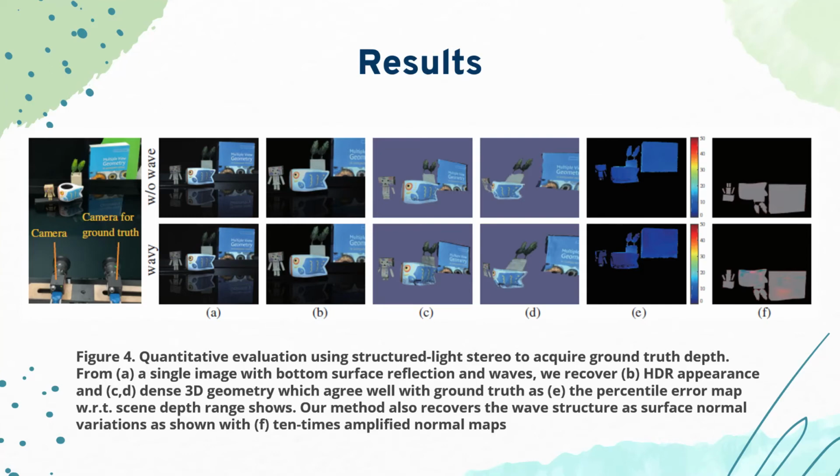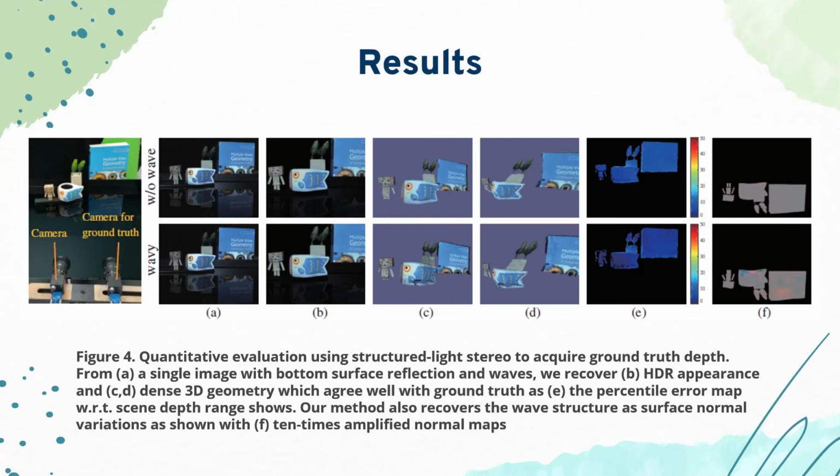From A, a single image with bottom surface reflection and waves, we recover B, an HDR appearance, and C and D, dense 3D geometry shown in two views, which agree well with ground truth as E, the percentile error map with respect to the scene depth range. The method also recovers the wave structure as surface normal variations, as shown with F, 10 times amplified normal maps.